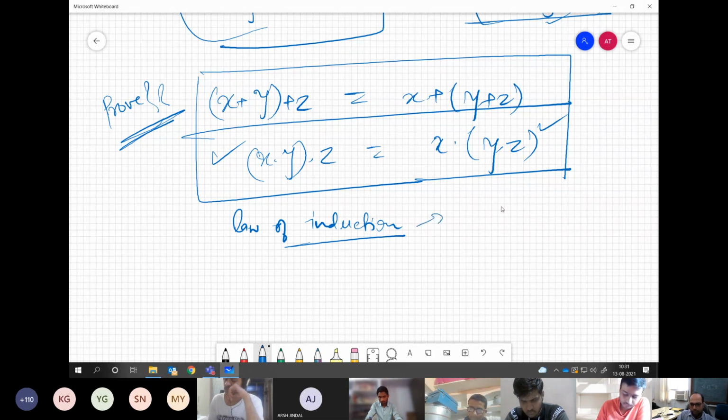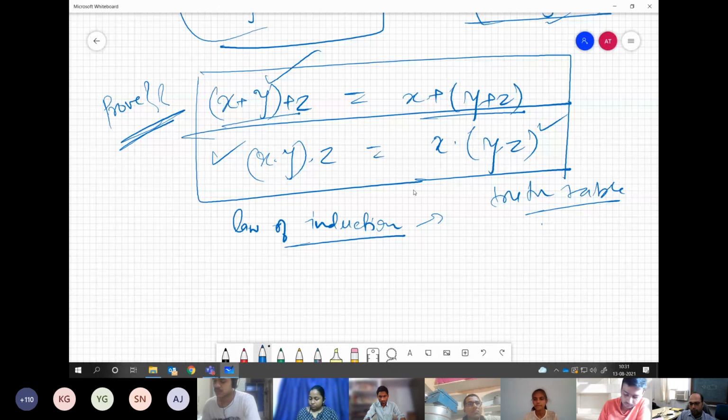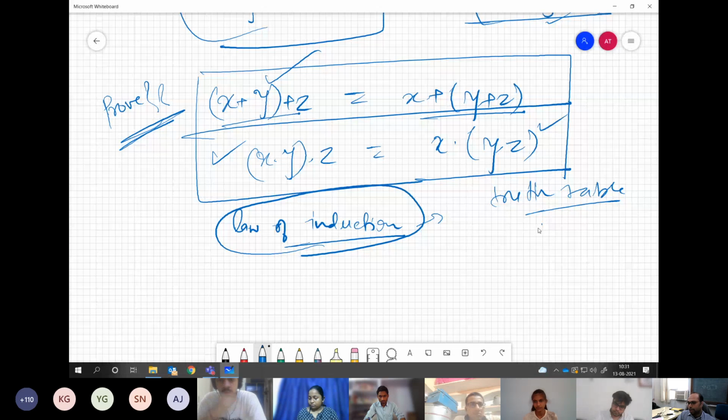The law of induction says that you make the truth table with all the possible combinations on this side and on this side and see whether the results match one to one or not. Clear? So any of these basic theorems we are discussing so far, if you are asked to prove that, you can follow this method for establishing that relationship. Clear?